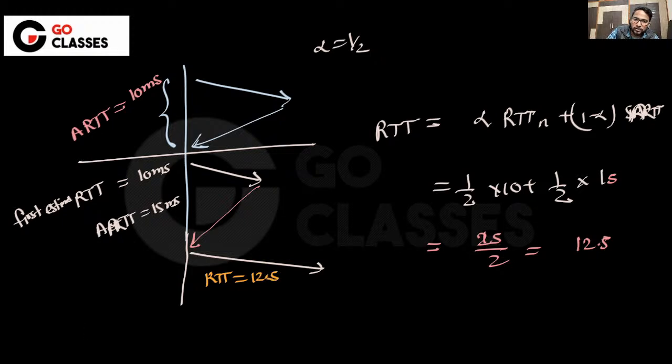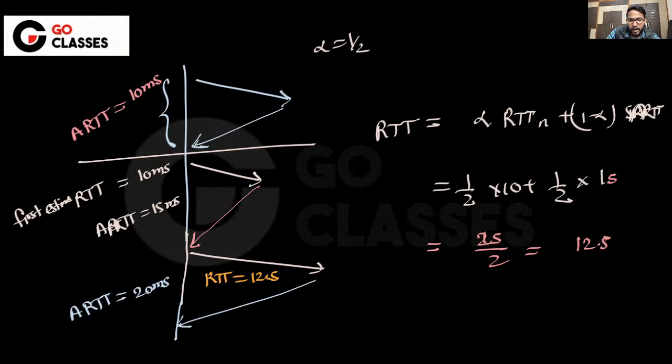Now it will depend on the actual RTT how you are going to estimate next. Let's suppose you estimated 12.5, but the actual RTT happens to be, this should be given, okay. The sample always has to be given. So these are the samples, you cannot calculate it. This is the real data. That is, let's suppose it happens to be 20 millisecond.